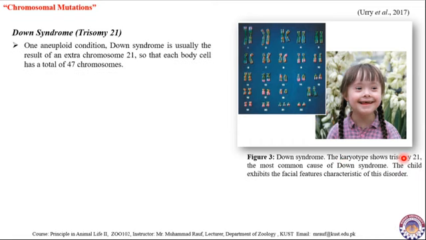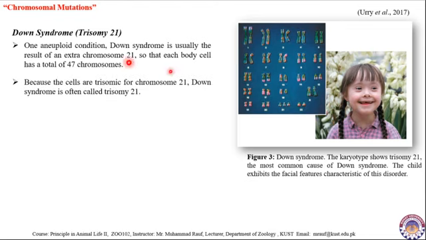Here you can see this is chromosome number 21 and it is present in 3 copies instead of the normal 2, and on the right side you can see a child affected with this condition.